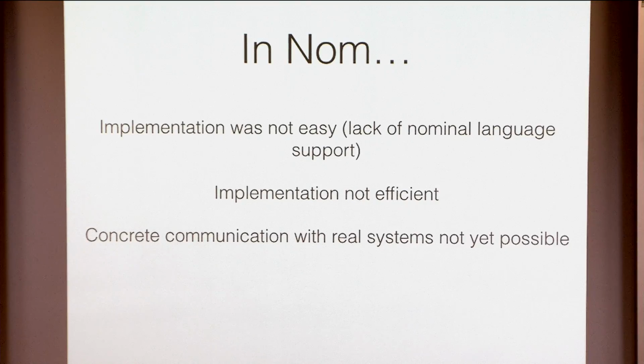The problem was that we didn't really have a good programming language with nominal support. Gladly, the Polish crowd was already working very hard on this, and they even have two programming languages now with nominal support. So we teamed up with them and used the algorithm as a proof of concept for one of their extensions of Haskell, which meant the implementation was not very efficient.